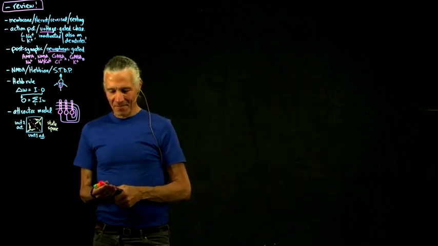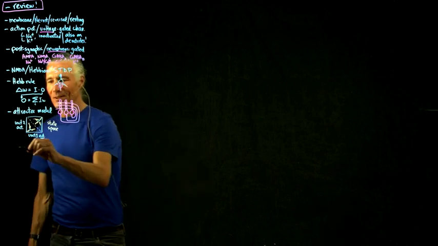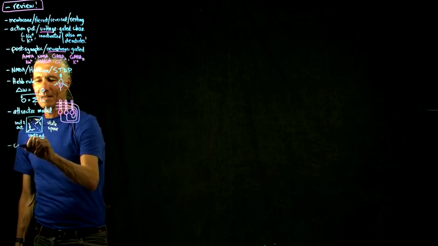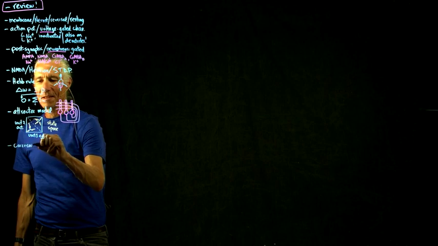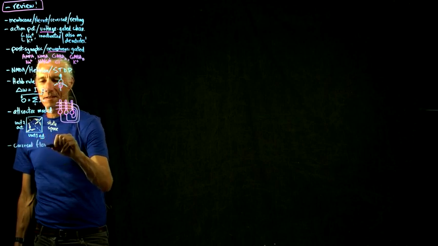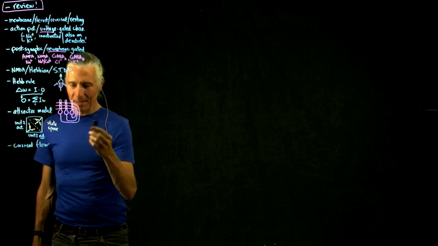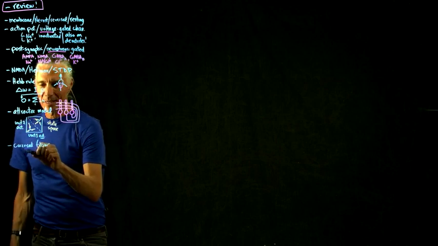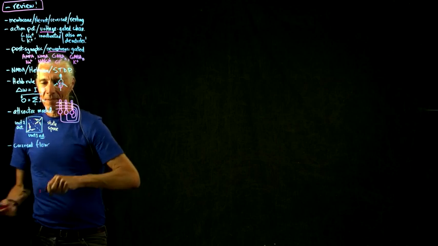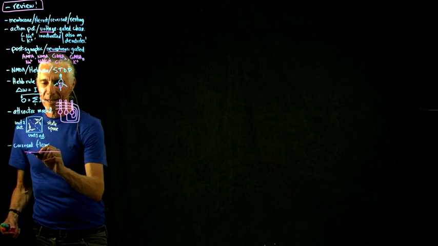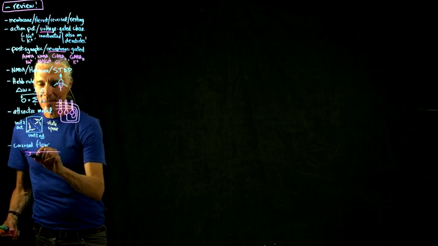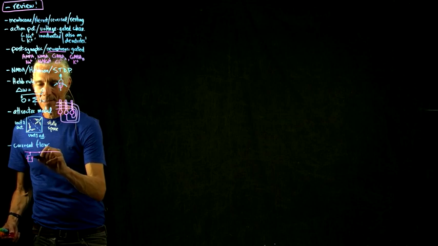Then we talked a little bit about current flow in dendrites. So that was our model. The outside of the cell is a wire like that, and then you model each little piece of the cell as a little capacitor and a little resistor.